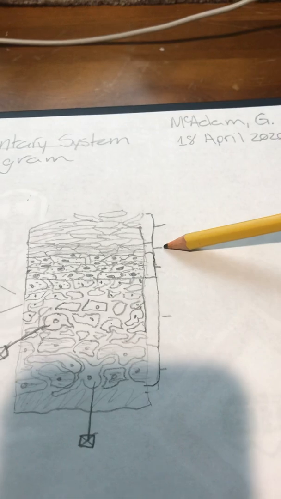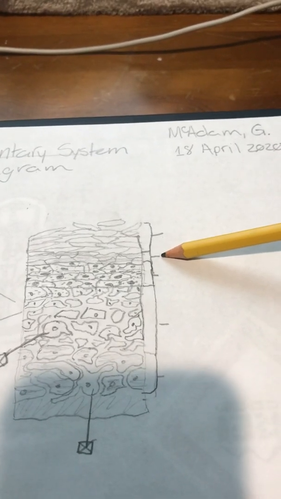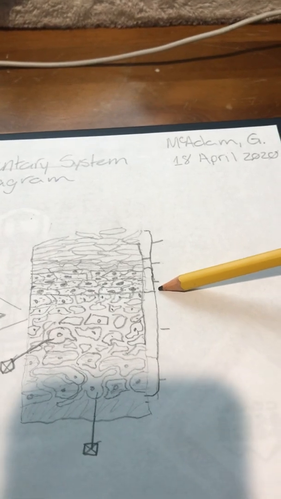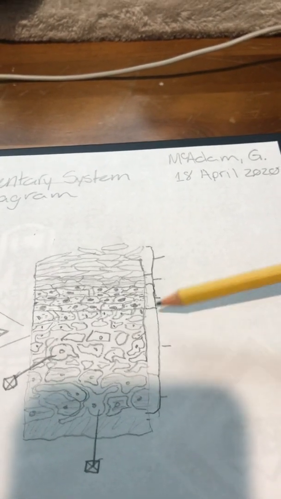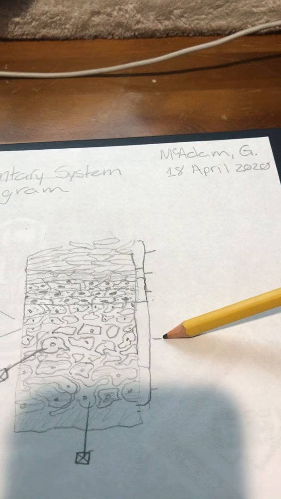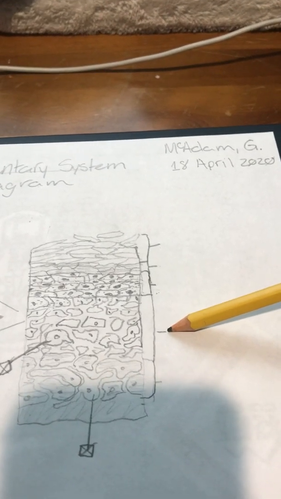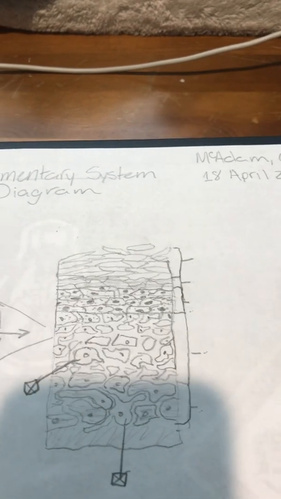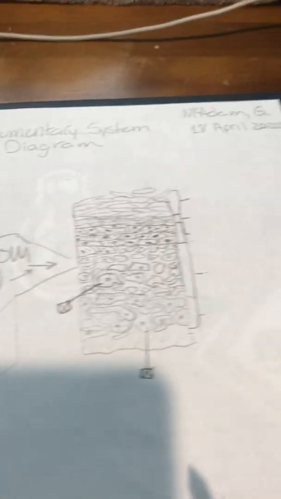Below that you have your stratum lucidum. The next one down is your stratum granulosum. Below that, right there, you have your stratum spinosum. And then the lowest layer of the epidermis is the stratum basale. And that is your diagram of the integumentary system.